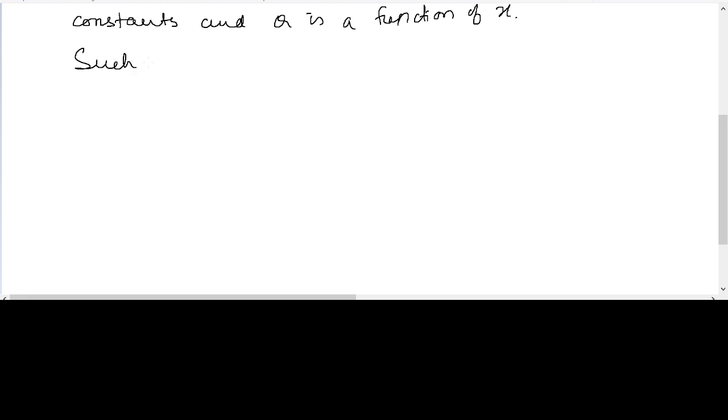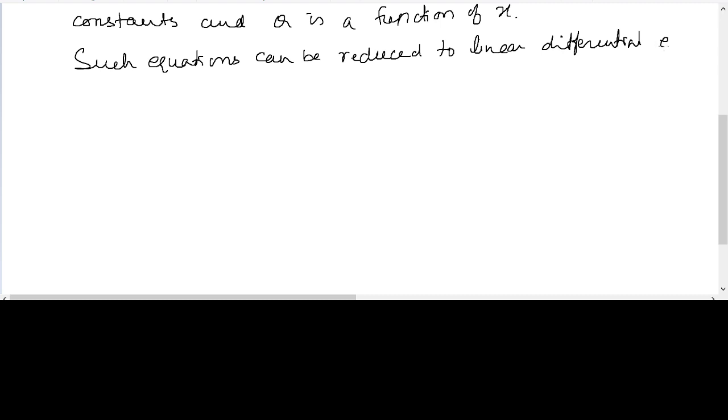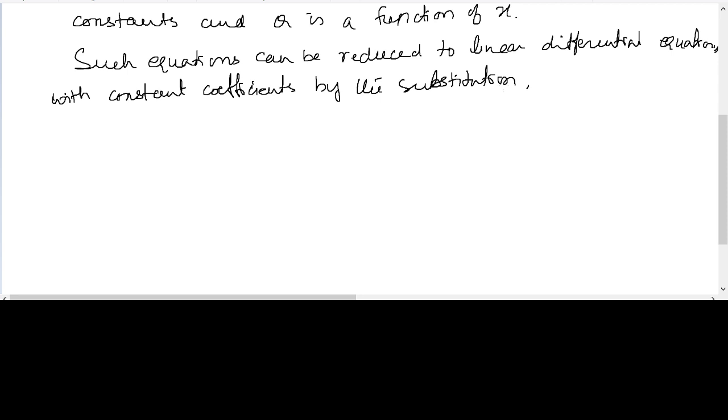Such equations can be reduced to linear differential equations with constant coefficients by the substitution x is equal to e power z, or we can say z is equal to log x.